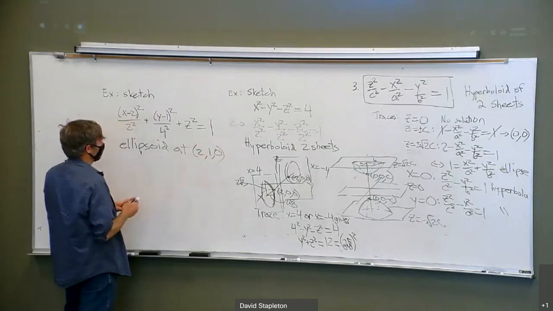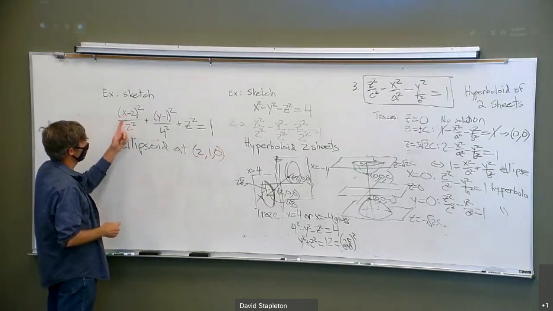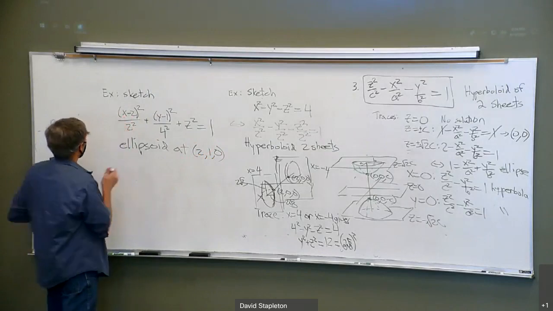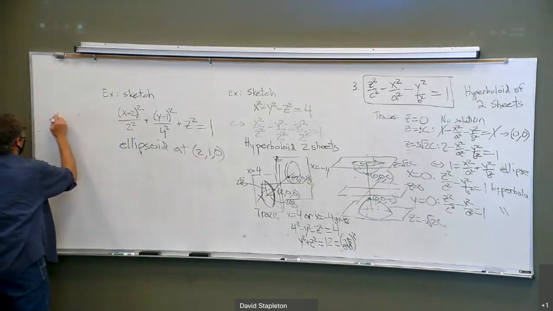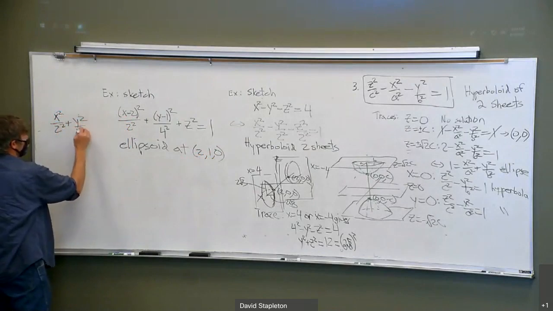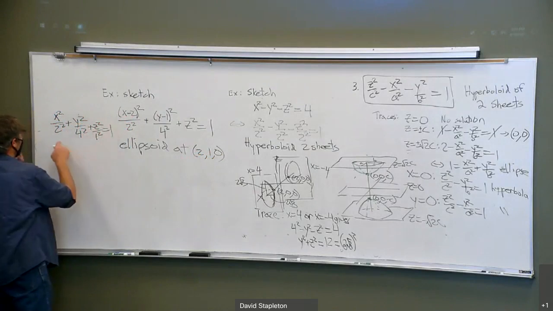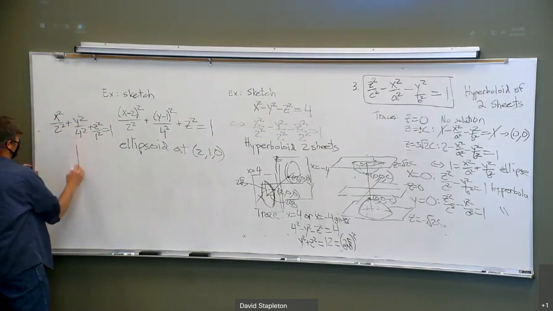It's what you subtract, because now x is two units bigger than in the standard equation, right? The standard equation would be x squared over 2 squared plus y squared over 4 squared plus z squared over 1 squared this way.